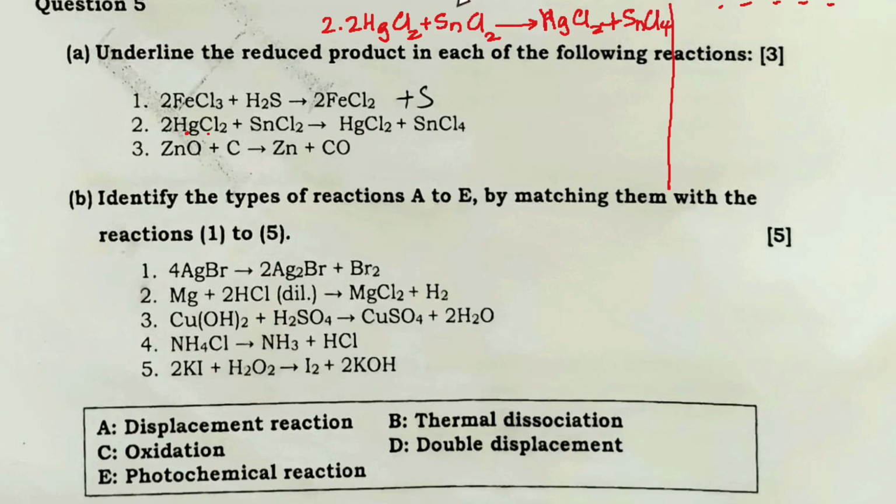Now can you see over here, SnCl2 means Sn2+, okay, and this has become Sn4+. So this has got oxidized. Oxidized product is this. So this should be reduced product.